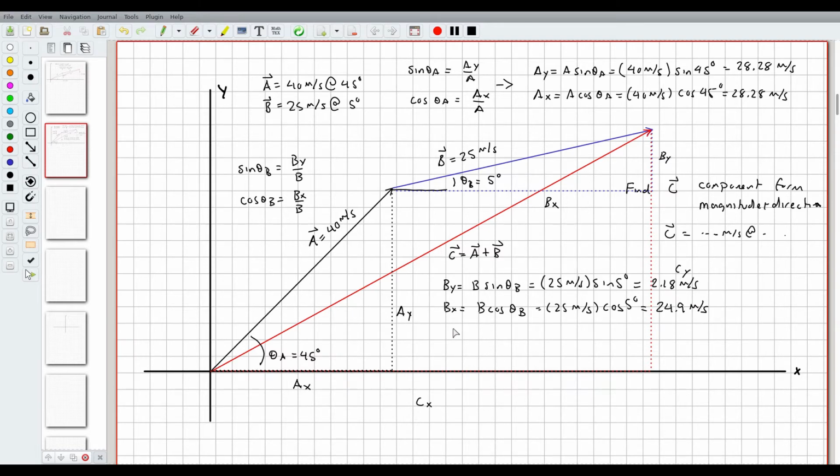So if I want to find, for example, CX, that's going to be AX plus BX. What was AX? Well, that's up over here, 28.28 meters per second. What's BX? Well, we just found that here, 24.9 meters per second. And when you add those two together, you're going to get 53.18.